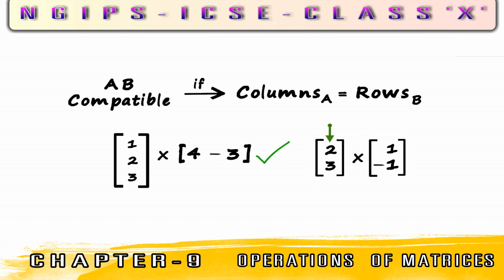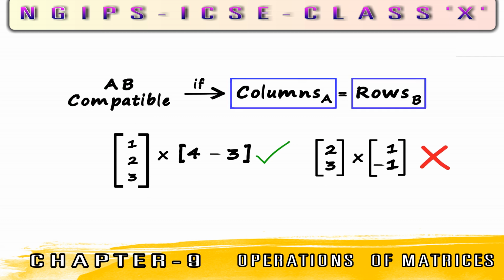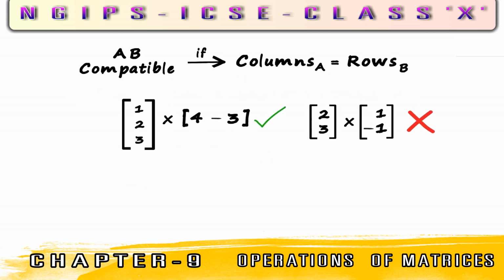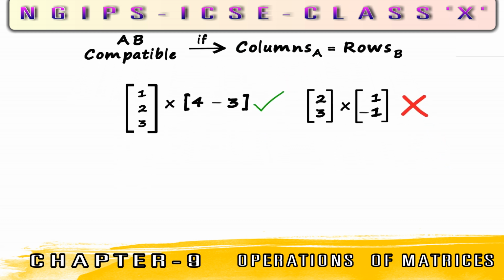The first matrix has 1 column and the second matrix has 2 rows. 1 is not equal to 2. This multiplication is not possible. Remember the simple rule: the number of columns in the first matrix should be equal to the number of rows in the second. Keeping that in mind, I want you to complete the next sentence.